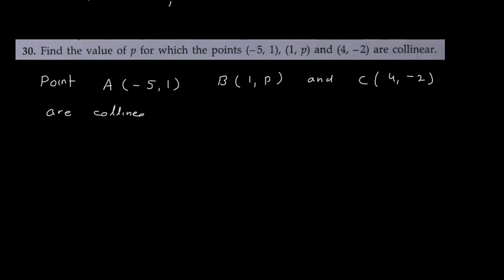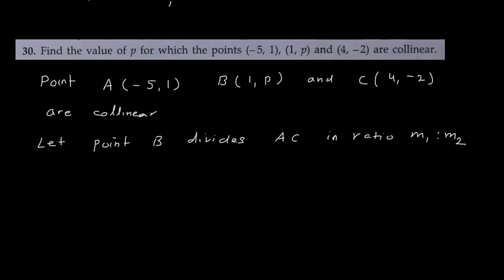Points A, B and C are collinear. Therefore, let point B divide AC in ratio M1 ratio M2.